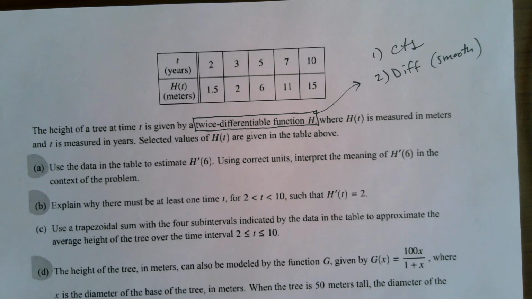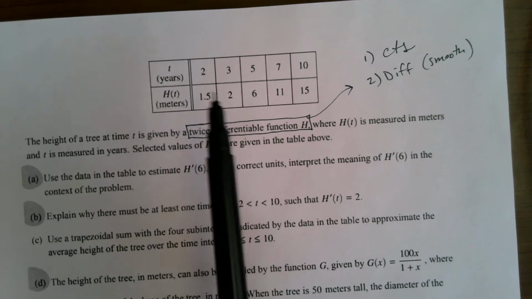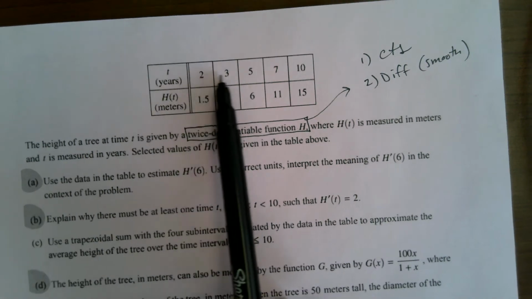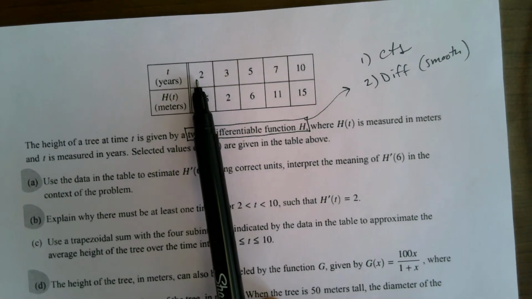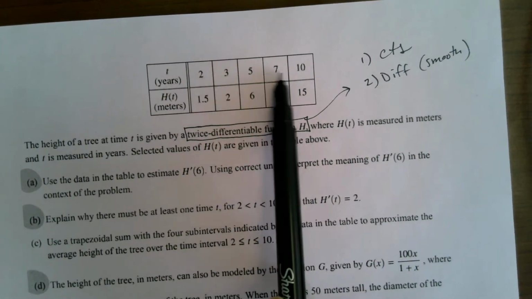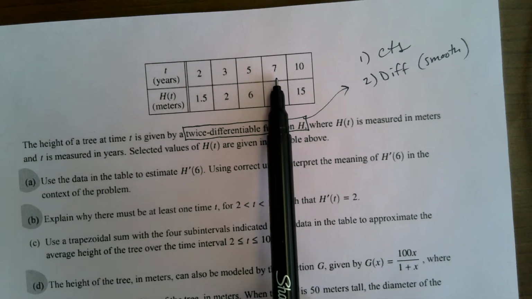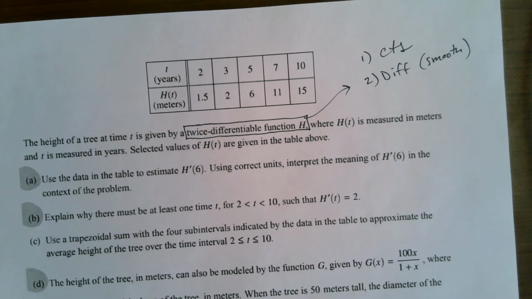Okay, so 6. You're looking for 6 years, and it's not in the table, but it's between years 5 and 7. Remember, the derivative is another way of thinking of the instantaneous rate of change.